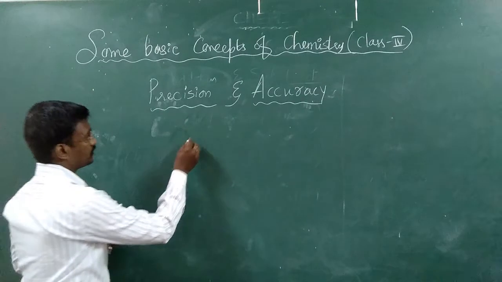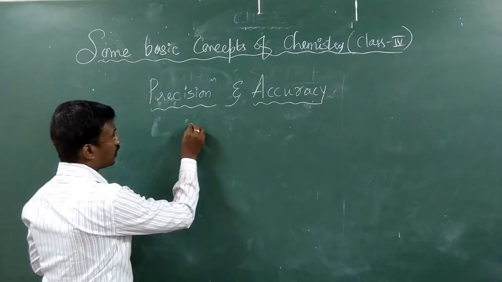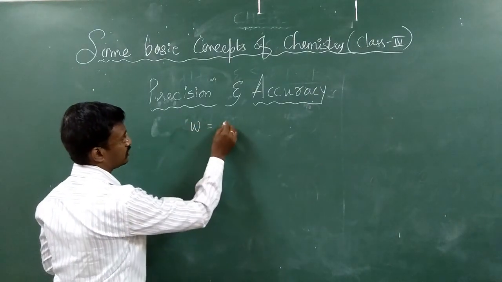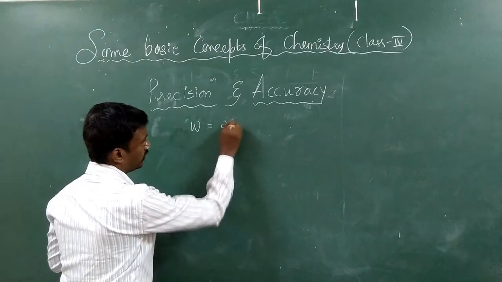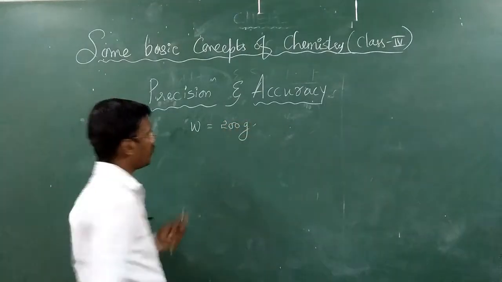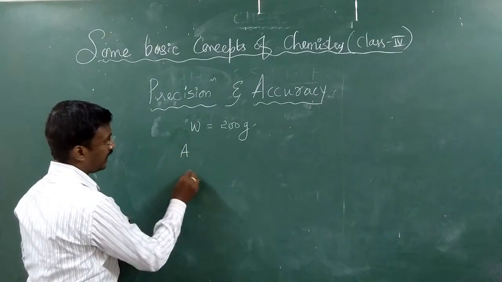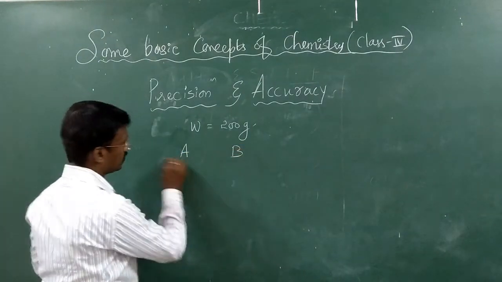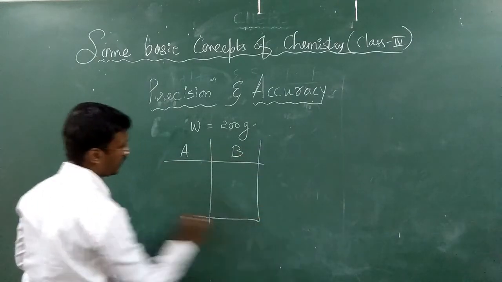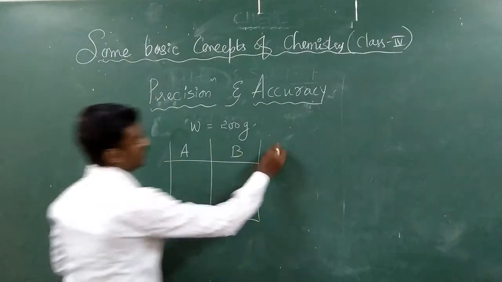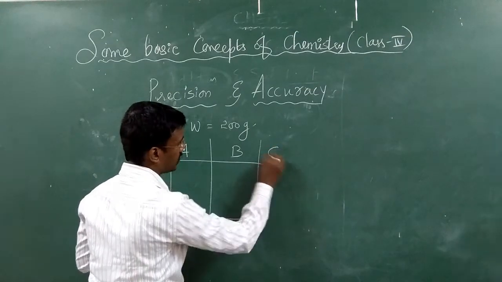Think that the exact weight of this watch is around 200 gram. I am just telling you one example. If it is 200 gram, think that A and B are the two persons, and C is another one.